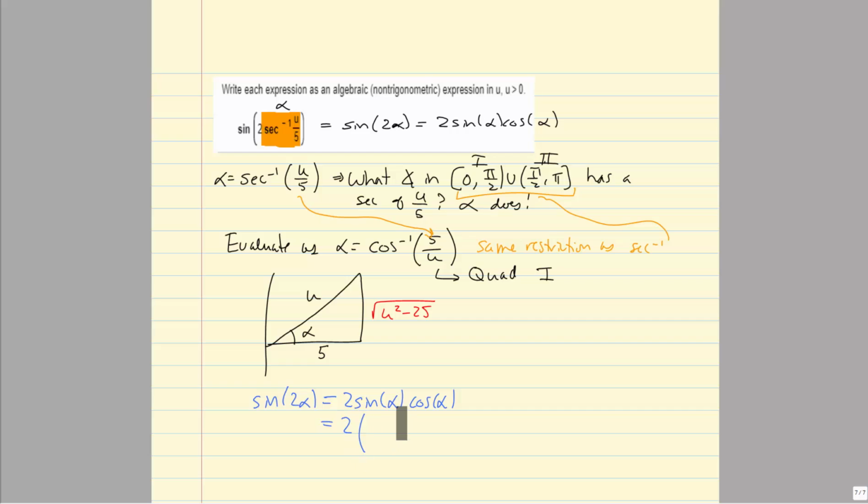Well, the sine of alpha I can figure out from up here. Sine is opposite over hypotenuse. And we already know cosine was 5 over u because that was given to me right here. So here I have 2 times 5 is 10 square roots of u squared minus 25 all over u squared. And that's what my solution would be here.